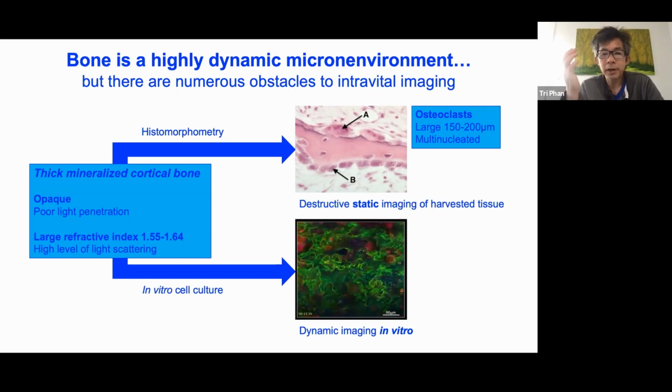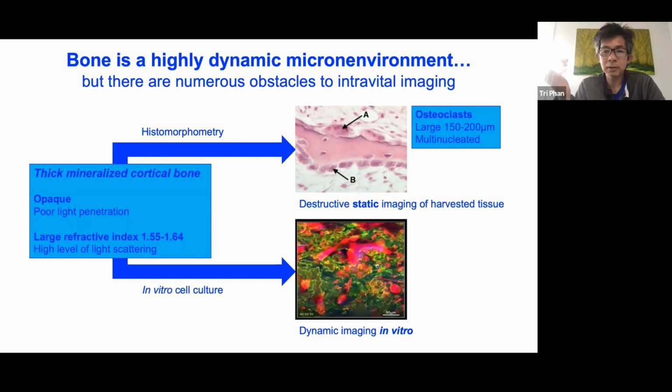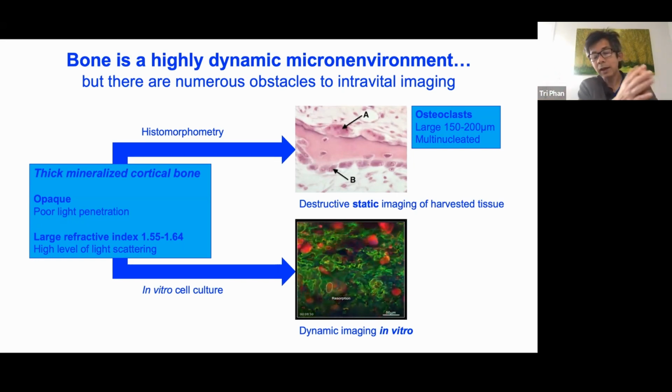The consequence is that most of what we know about bone, and particularly about osteoclasts, is derived either from destructive static imaging methods like histomorphometry, where the bone tissue is harvested from an animal after it's been sacrificed, or from in vitro cell cultures, where you take precursor cells, which we know are monocytes and macrophages, and stimulate them with supraphysiological doses of cytokines like GM-CSF and RANKL to stimulate their production and activation.